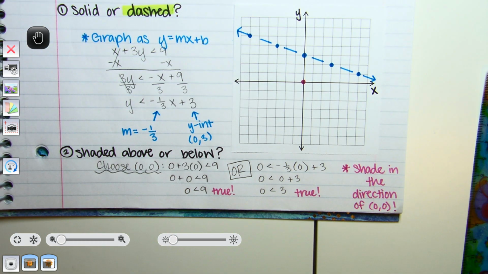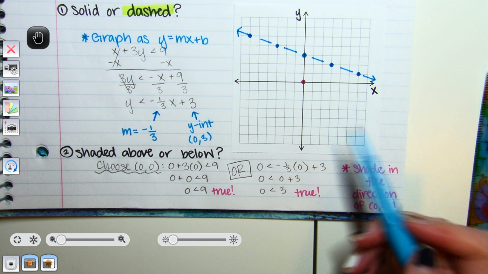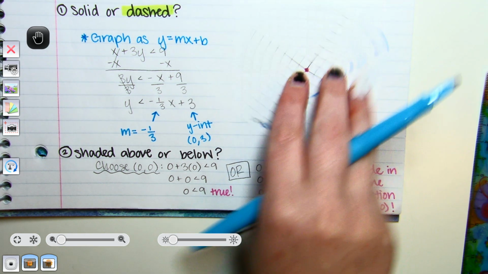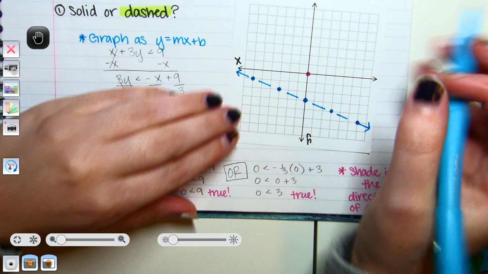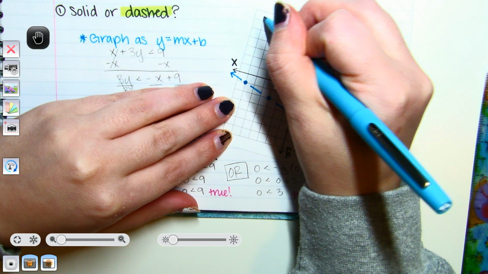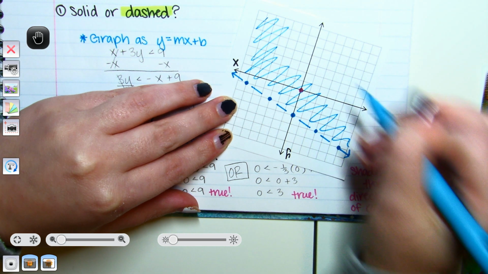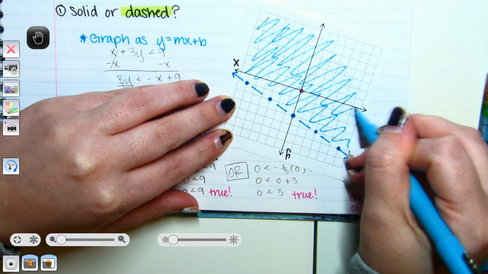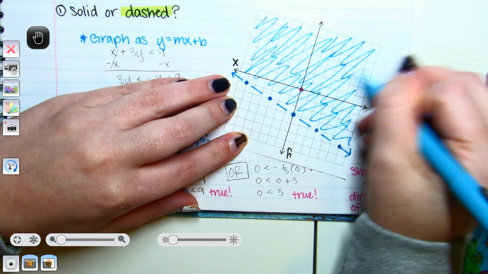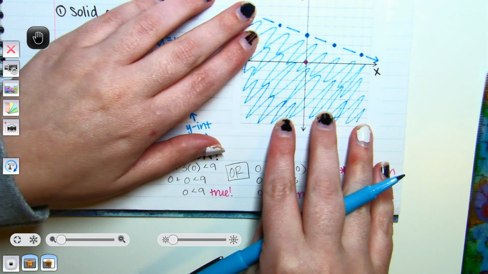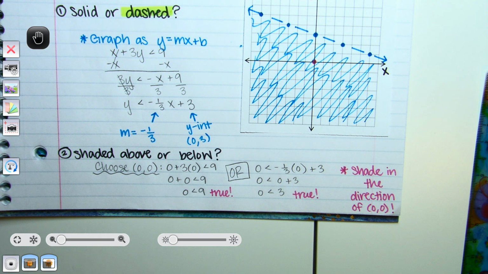Now the advantage of this not being glued down yet, I'm going to spin it to shade it in, but you just want to make sure that you shade in the correct section. This is also why I make sure I have my X and Y axis labeled, so that when I actually glue it down to my paper, I glue it down the right direction.